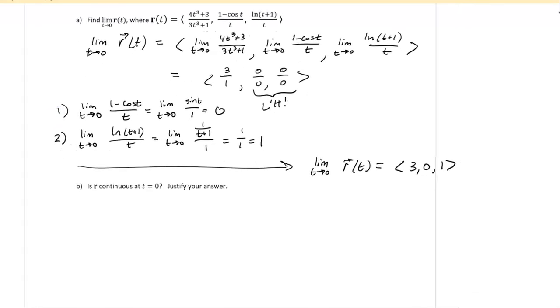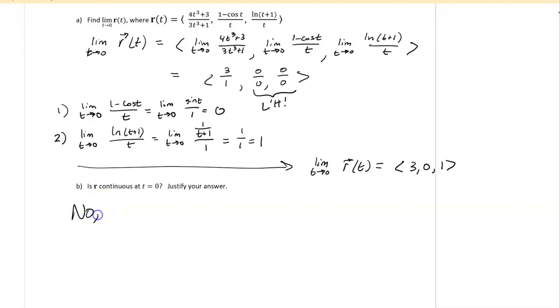All right, last example for this section: is r continuous at 0? Justify your answer. Well, again, we could try limits, but think about this. Can we plug in 0? We tried to plug in 0, it didn't work.